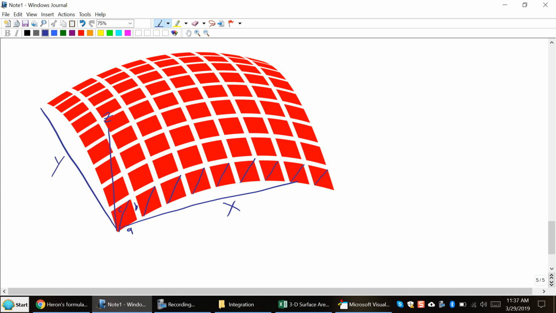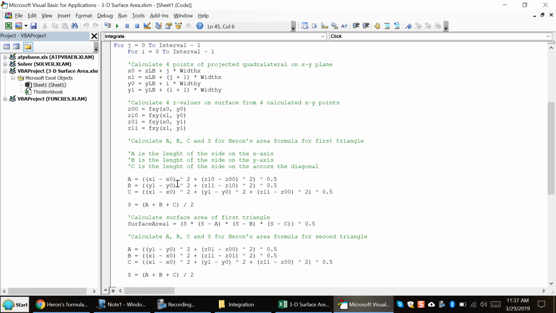So the way I'm going to calculate A is it's going to be the difference of my X's and the difference of my Z's, because I don't have any Y coordinates, right? So let's go and look at this. It's going to be the difference of my X's squared plus the difference of my Z's squared. So I just plug it through the distance formula. That makes sense?